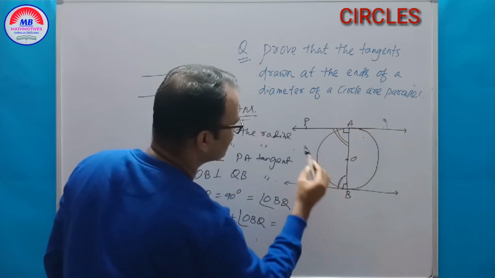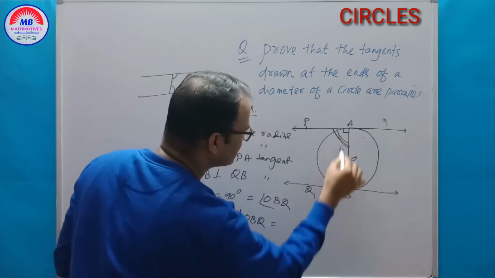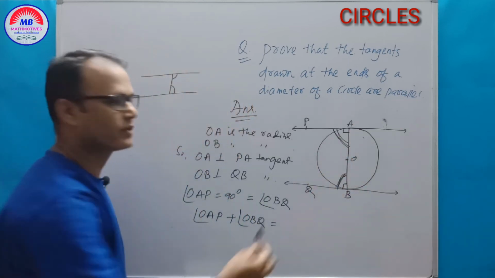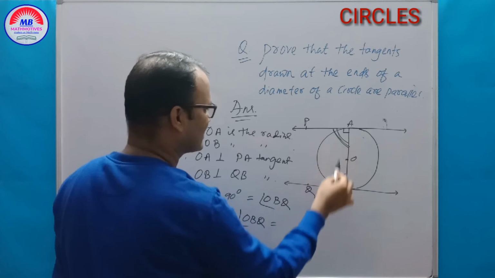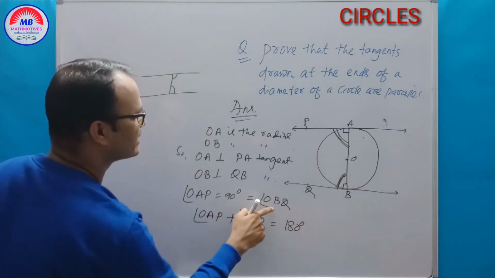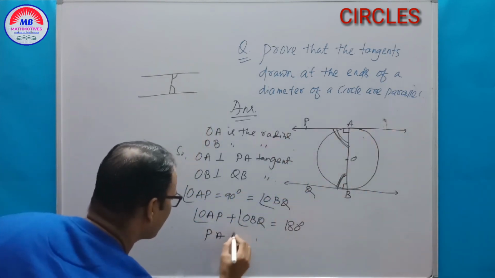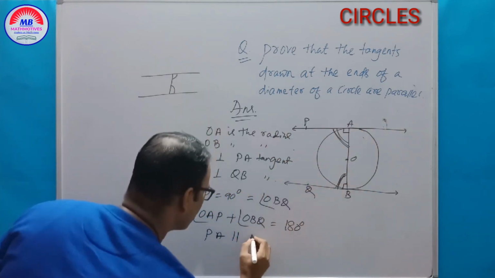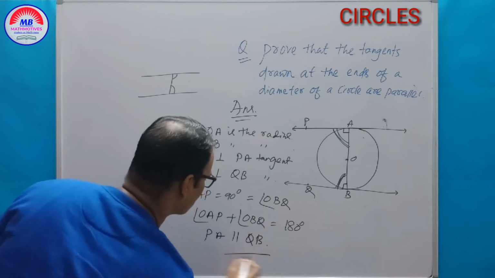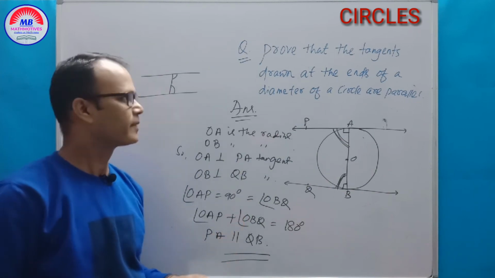This is the transversal. And the sum is 180 degree, because here 90 plus 90. So PA is parallel to QB. So two tangents are parallel to each other.